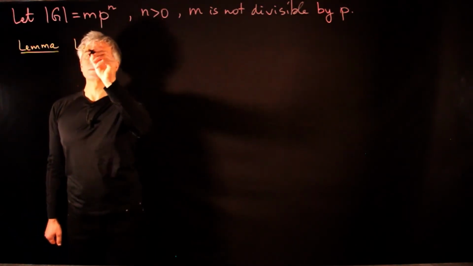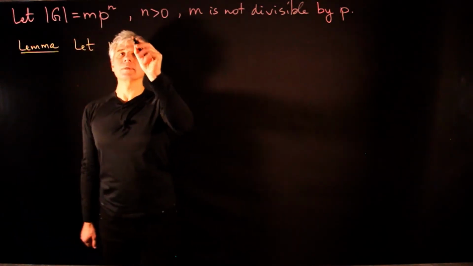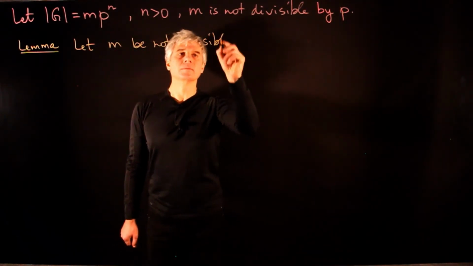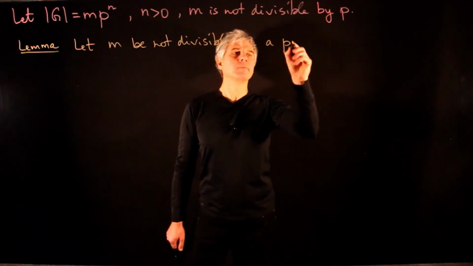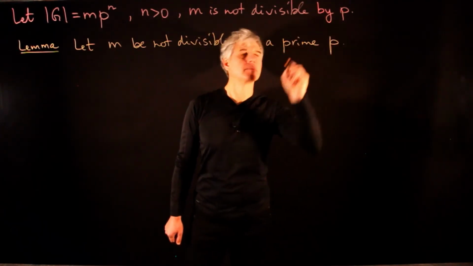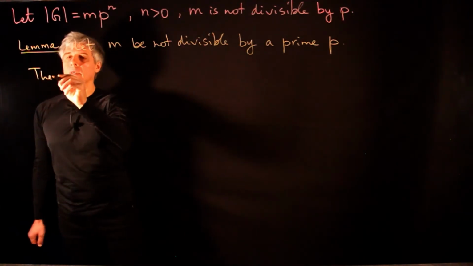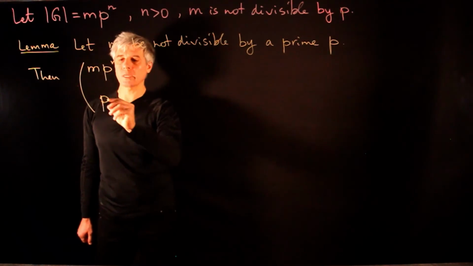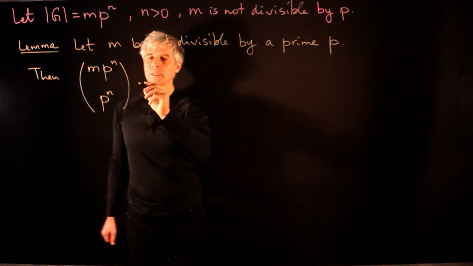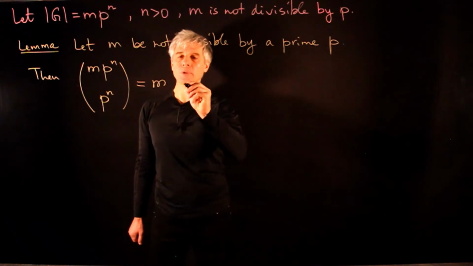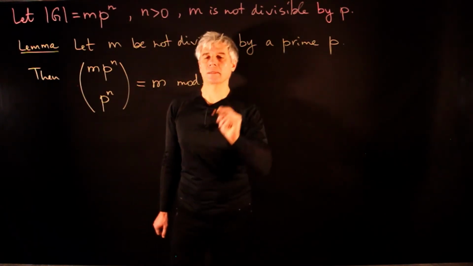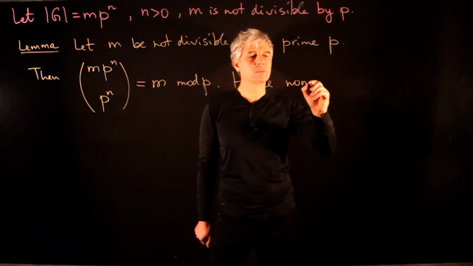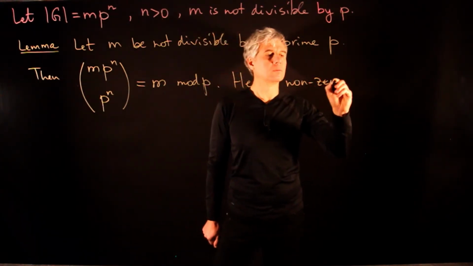Let m be not divisible by prime p, then the binomial coefficient m p to the power n choose p to the power n is equal to m mod p. And hence, it's non-zero mod p.